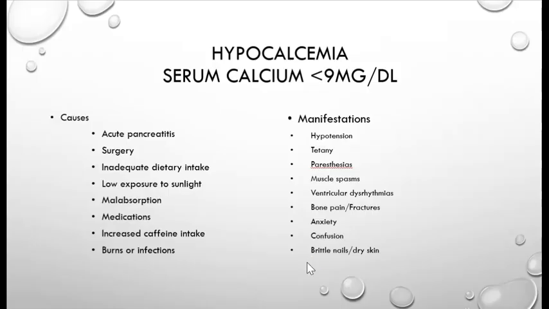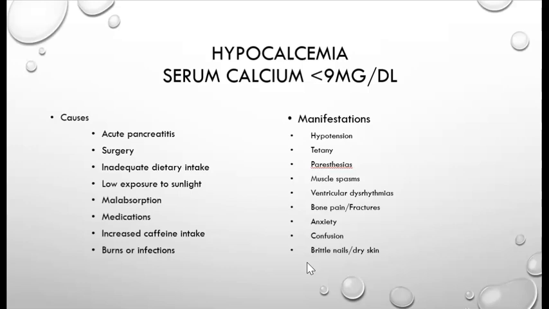So the most serious manifestation you're going to see with this is going to be tetany. Calcium has a stabilizing or sedative effect on neuromuscular transmission, and hypocalcemia increases neuromuscular excitability, causing twitching, spasms, and tetany. Paresthesias, which are going to be your altered sensations because nerves become overexcited.